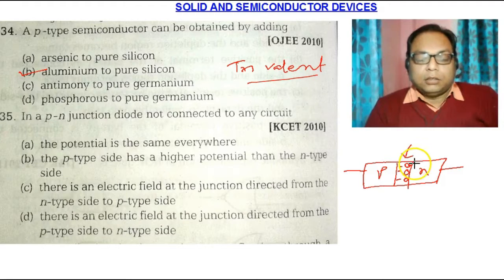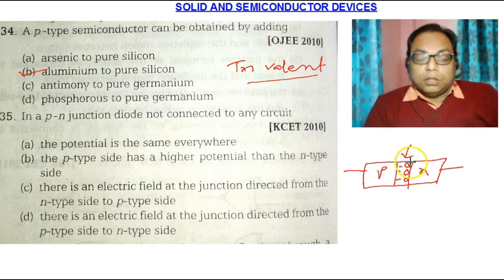Mostly the electric field moves from the N side to the P side, because at the junction this side is the holes, the positive, and this side is negative due to diffusion.